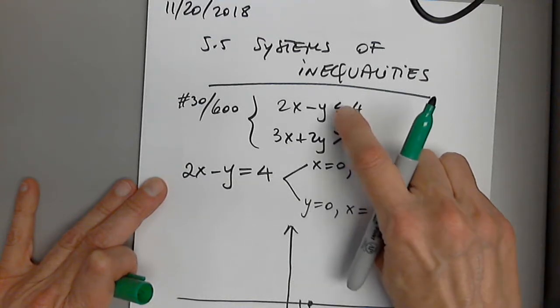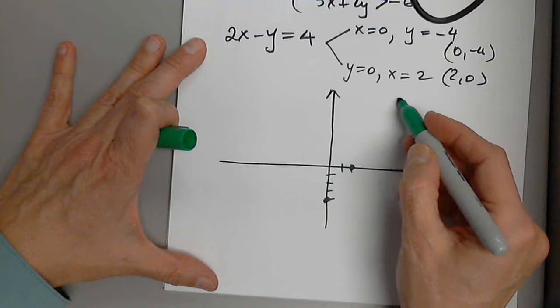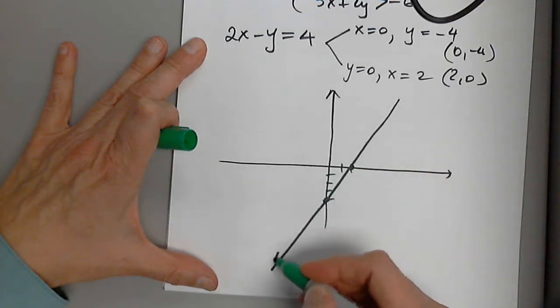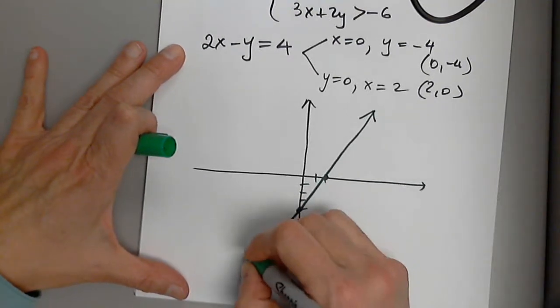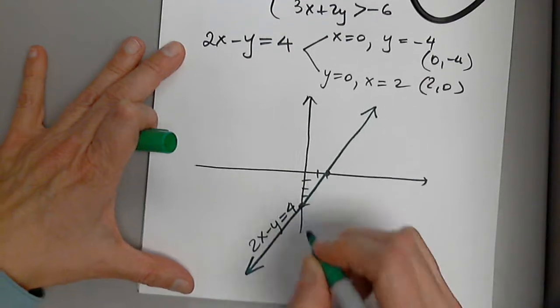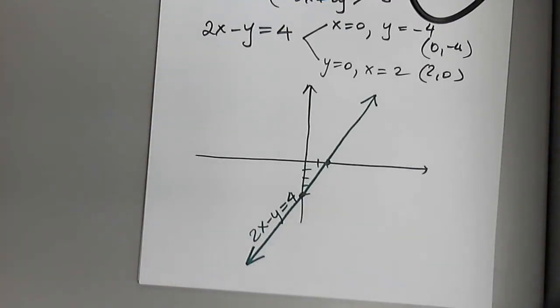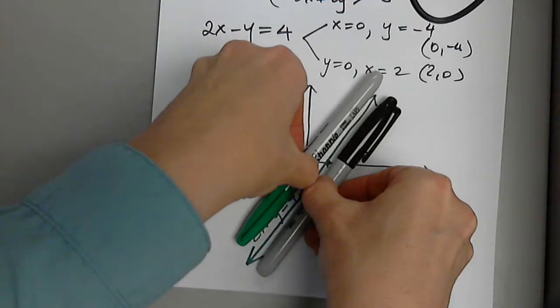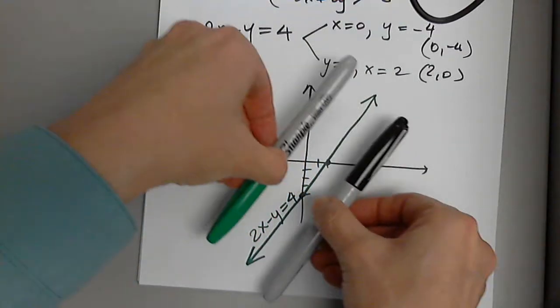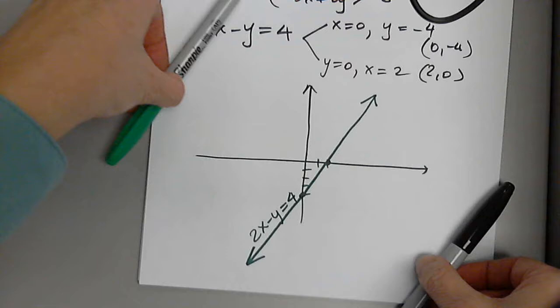I stop, and I look at the inequality symbol. If it has the equal symbol, and it does, I will graph it as a solid line in this case. And I will write 2x minus y equals 4 on the line. I hope you remember that this line divides the plane into two regions, the region below and the region above.